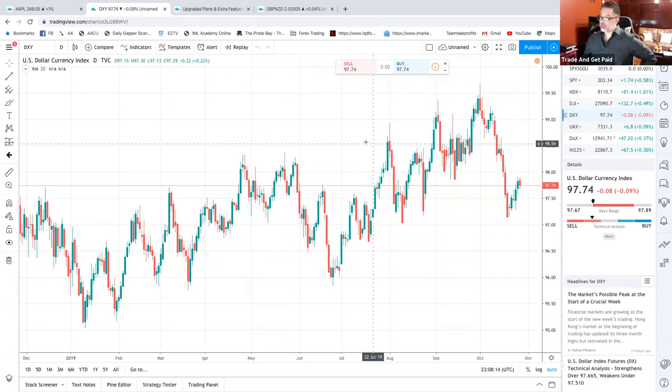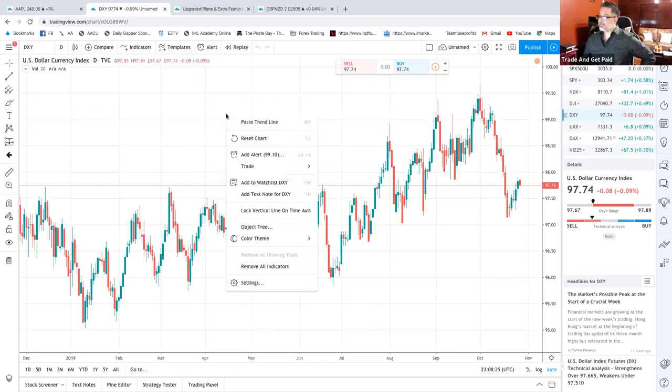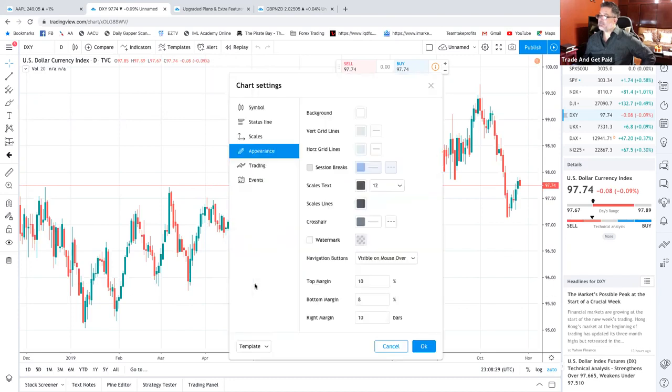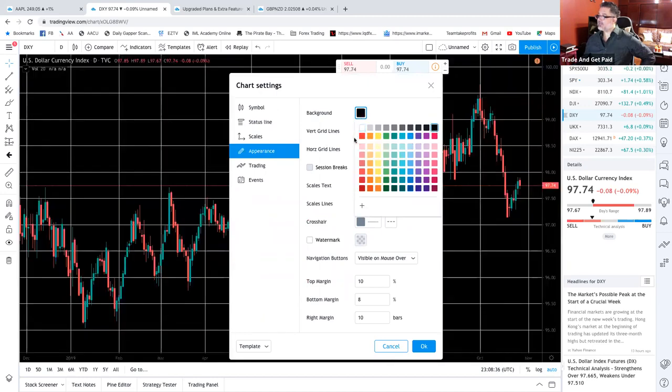I'm going to start with the background. This is how you change the background in TradingView. You simply right click on the body of the chart. It gives you the settings all the way at the bottom. And here you can start making it whichever way you want it. I like mine dark, so I put it black.